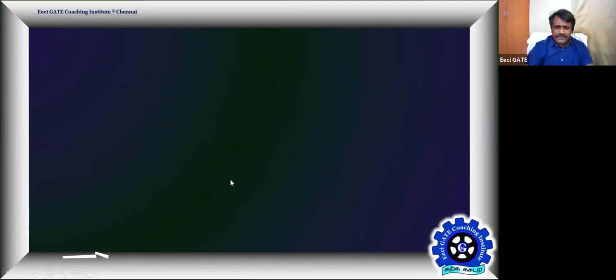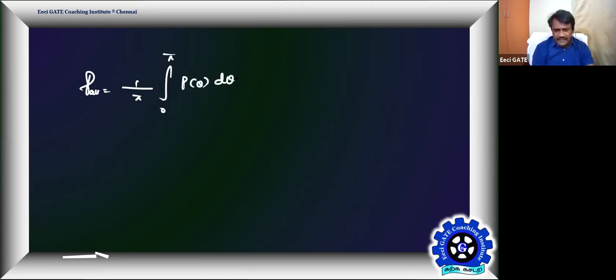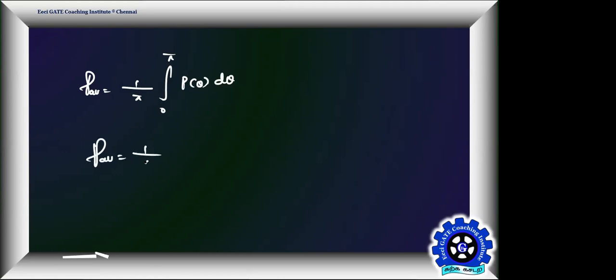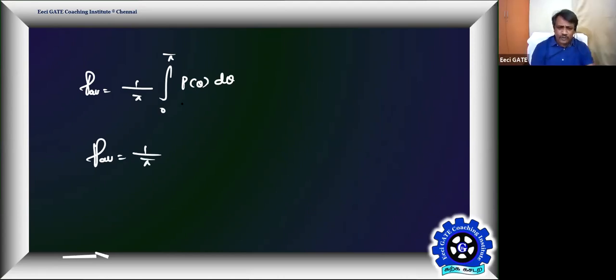So instead of this, I can take P average equal to 1 by pi, because instead of T by 2 let me prefer pi, integral 0 to pi of the instantaneous power of theta d theta. Then the average power delivered by the source over 0 to pi is the same for pi to 2 pi as well.